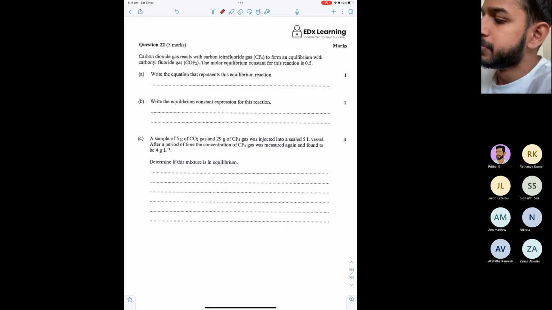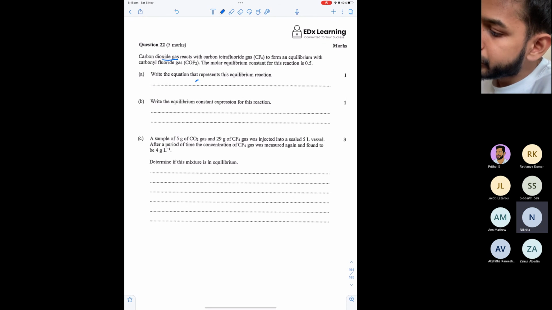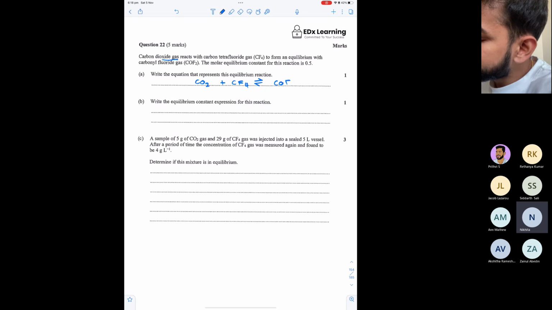Nikita, what's your reaction? So it's carbon dioxide gas plus carbon tetrafluoride, CF4, gives the carbonyl fluoride gas, COF2. I'm just balancing it.